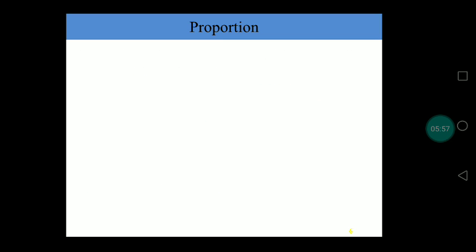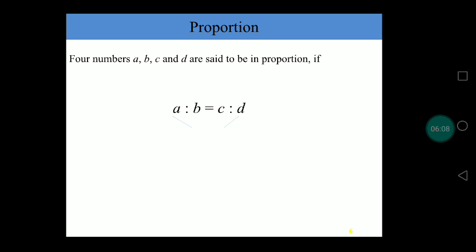Now look at there, what is meant by proportion. Proportion means four numbers A, B, C and D are said to be in proportion if A is to B as C is to D. A and D are called extremes, B and C are called means, and D is the fourth proportional, that is A divided by B is equal to C divided by D. Means what is meant by proportion?